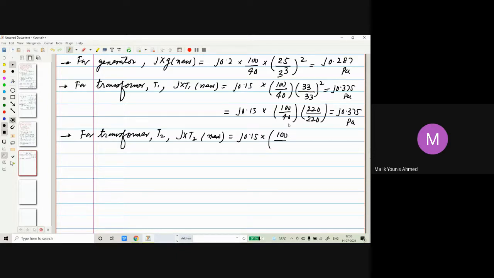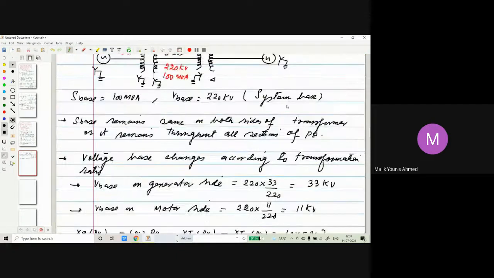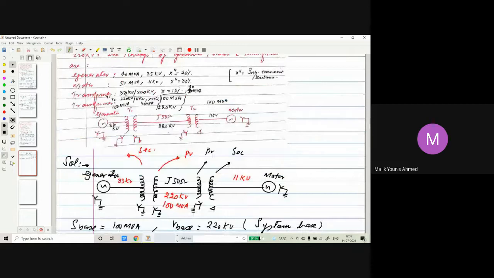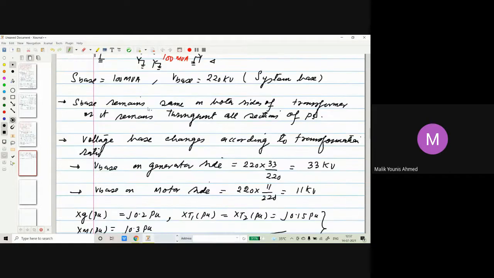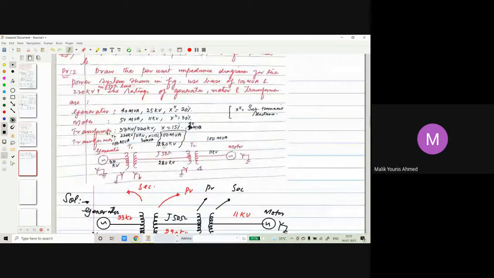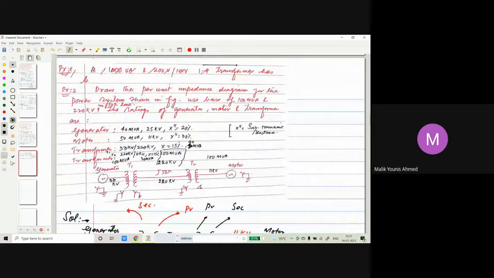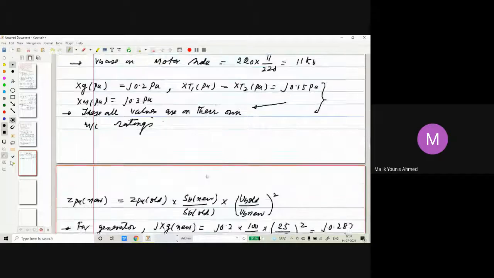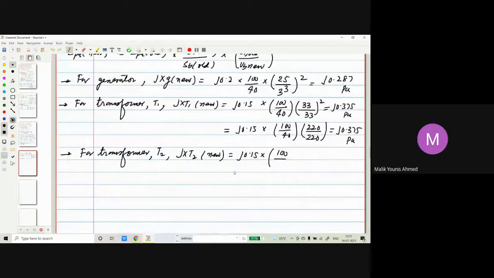So let's see what the complex power old value is for transformer T2. I think this is 30 MVA. Yeah, let me clear it. Yes, it's 30 MVA, given in the data. Transformer T2 is 30 MVA.